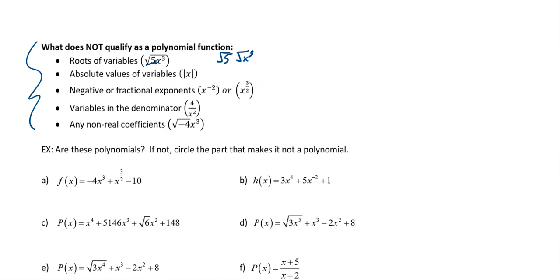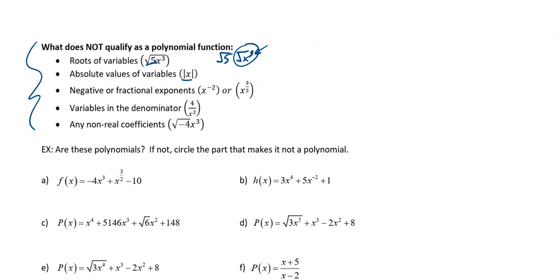They'd be the same thing. And we can't have square roots of variables in there because really that would be like a fractional exponent. That would be the same thing as x to the power of 3 over 2. You guys remember how the exponent there is the top part of our fraction, and the root is the bottom part of our fraction? So it'd be the same thing there.